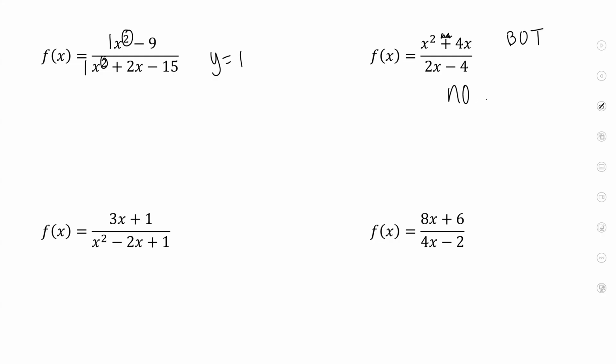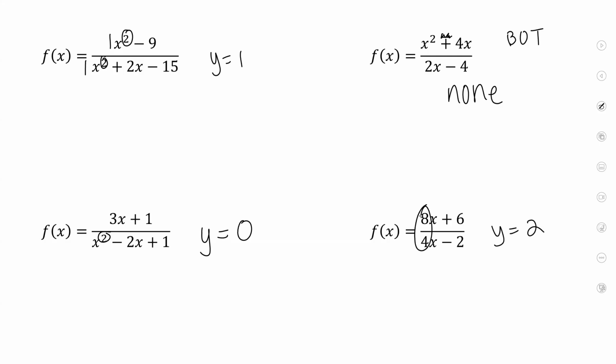The answer is none. You do not have a horizontal asymptote. This one, big on bottom, top, or the same? Big on bottom, what is it? Yep. You guys can do the rest. Well, is it same or same? So what's the answer? 2, because 8 divided by 4 is 2.